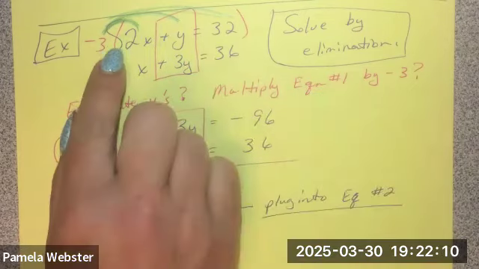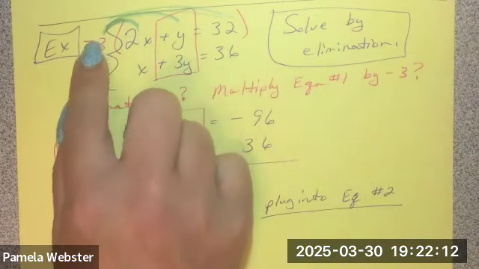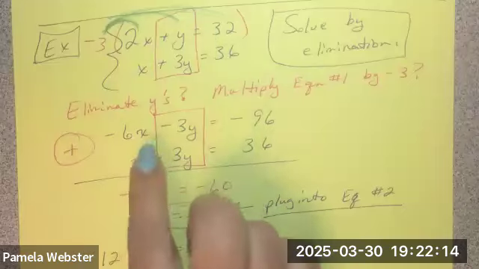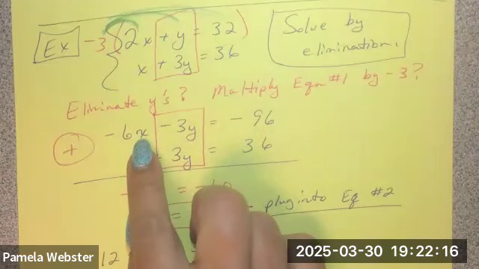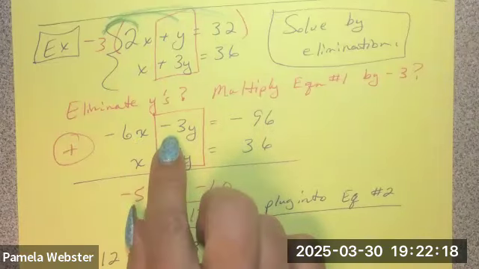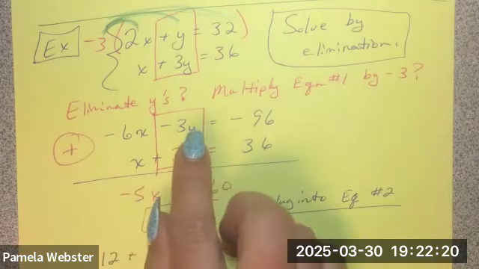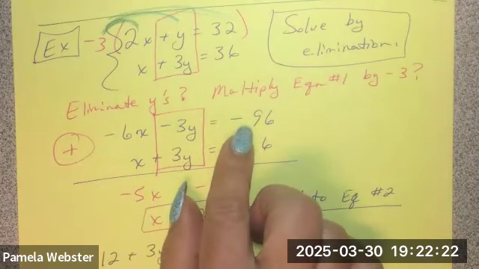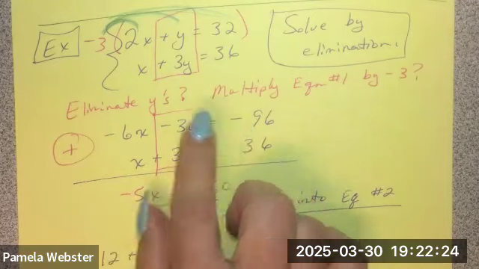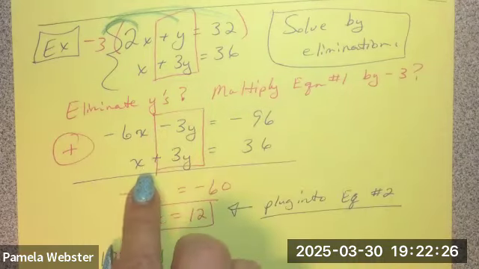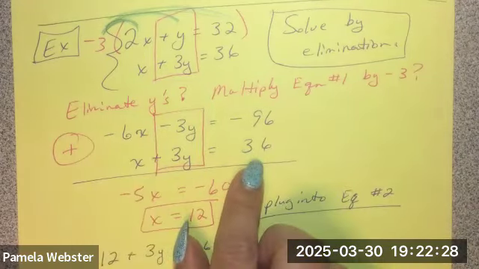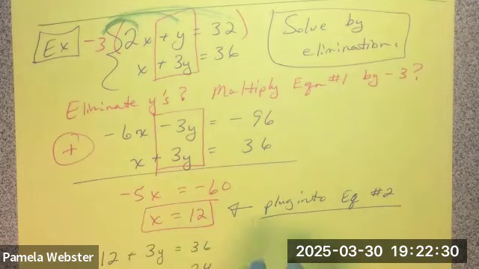I'm going to multiply equation number 1 by -3, and I'm going to distribute that all the way through. That's my plan. So -3 times 2x is -6x, -3 times y is -3y, and -3 times 32 is -96. I didn't do anything to the second equation, so I just write it down the way it is. x plus 3y equals 36.